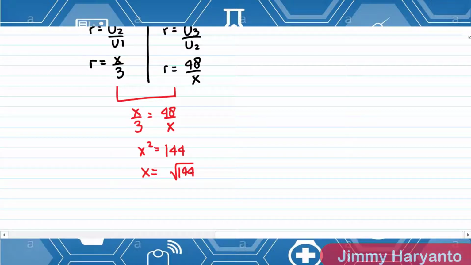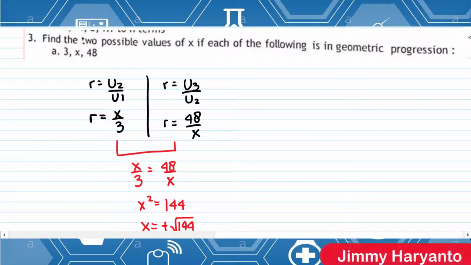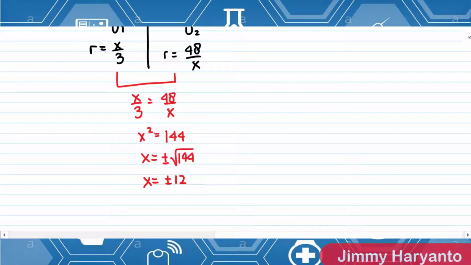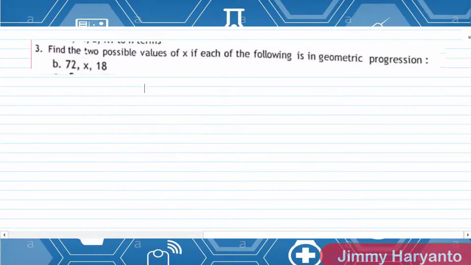Do not forget that when we move the square into a square root, it should be plus minus in front of the root. So it will be plus minus 12. The two possible values of x are 12 or negative 12. That is for number 3a.